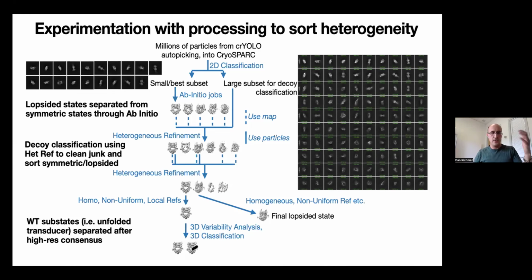Then I used 3D classification in CryoSPARC, without 3D alignments, without orientational alignments, and 3D variability analysis as corroboration to show that there was this tilted ATPase unfolded transducer substate as well.